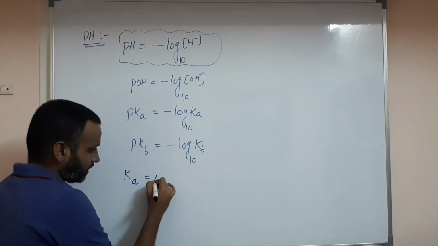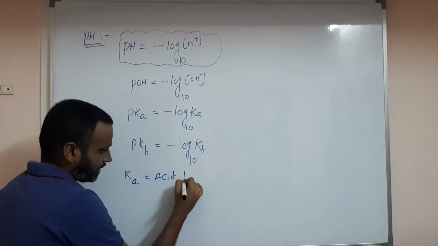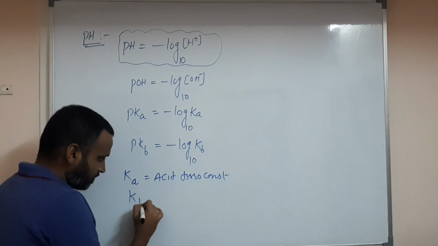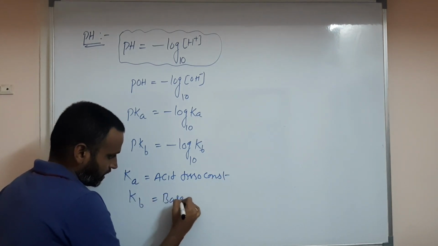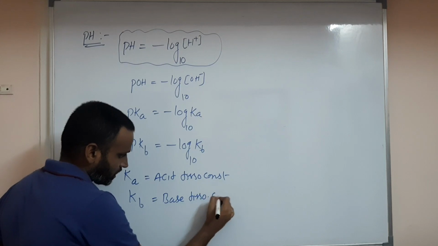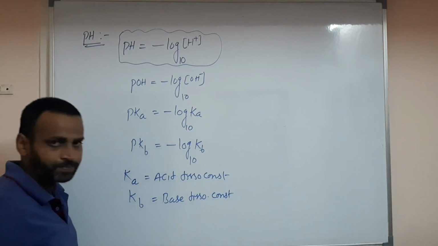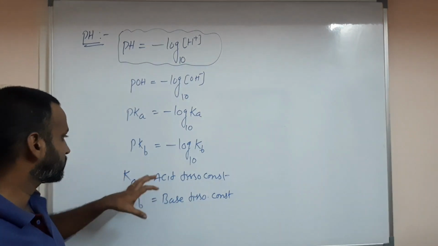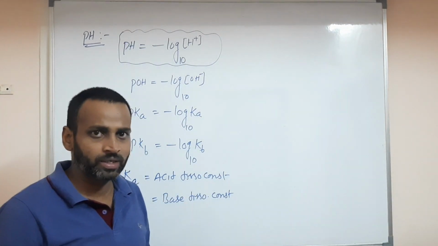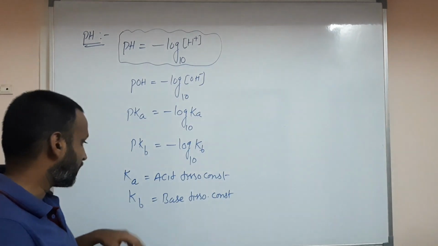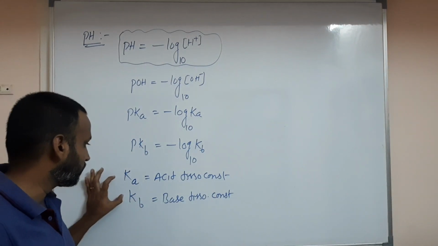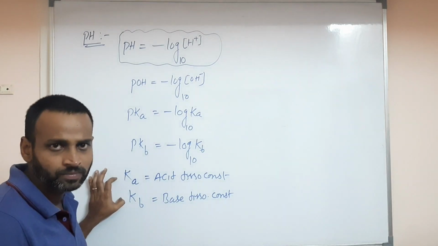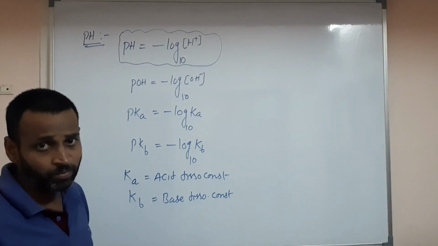So Ka is the acid dissociation constant. Kb is the base dissociation constant. These dissociation constants depend on how the acid is dissociating and how the base is dissociating; we will come to know from the Ka and Kb values. Remember, it's very, very important.